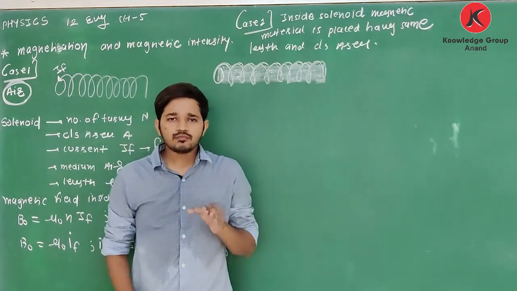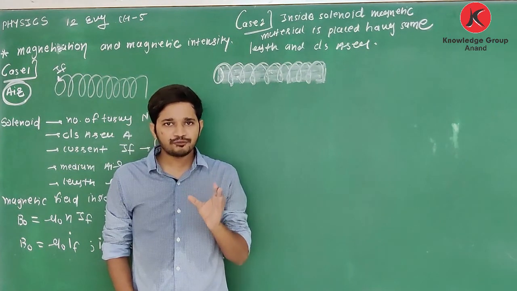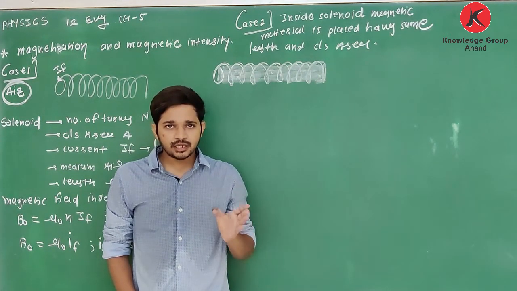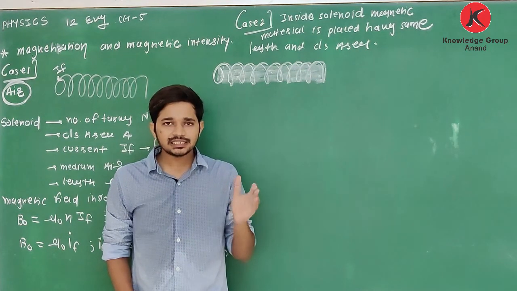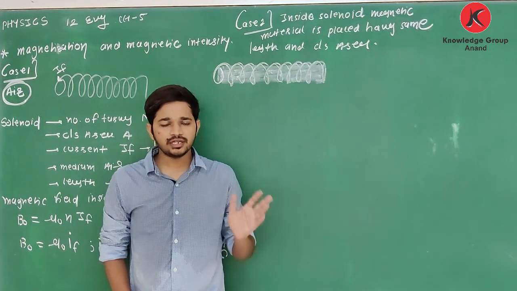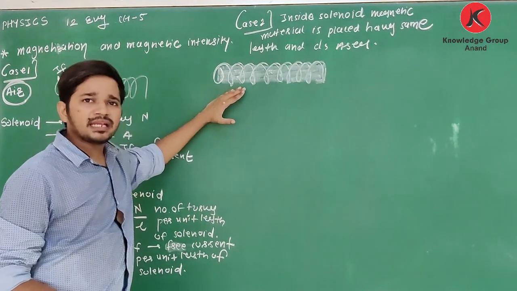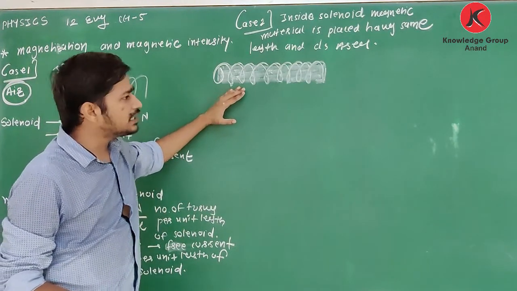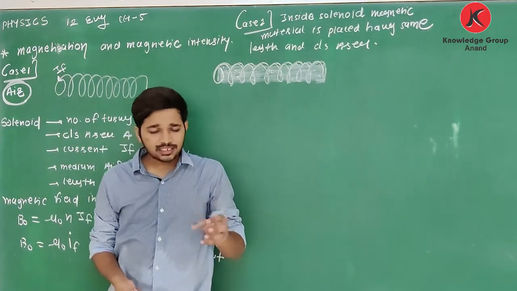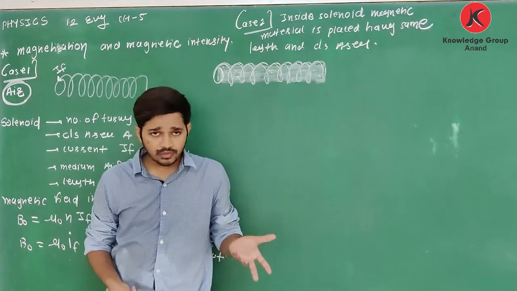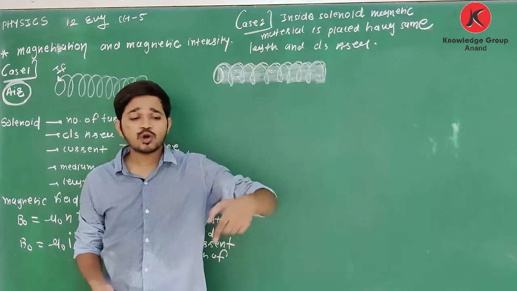We know that on a magnetic dipole in a uniform magnetic field, torque acts. Due to that torque, it will perform rotational motion until it aligns in the direction of the magnetic field. Yes, we know. Here, in a magnetic material, any object is made up of molecules, which are made up of atoms, which are made up of electrons, protons and neutrons. Yes or no? Yes. In such cases, electrons are revolving in orbit.